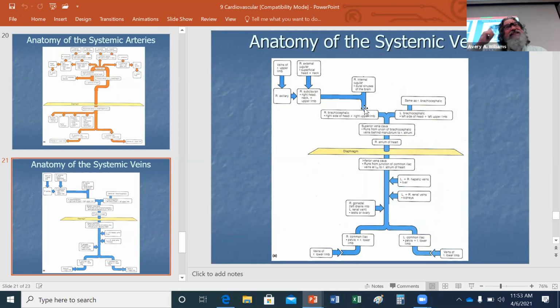She says the ascending aorta, with a big question mark over her head. Yeah, it's a branch of the ascending aorta. Right. I'm coming up with some good test questions.